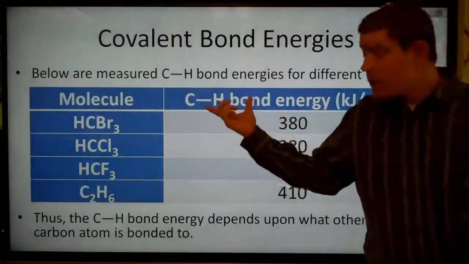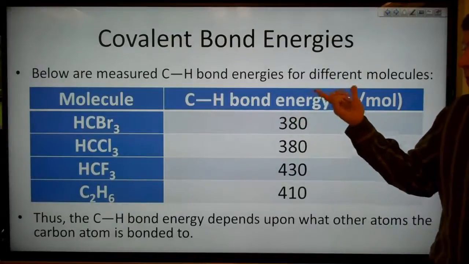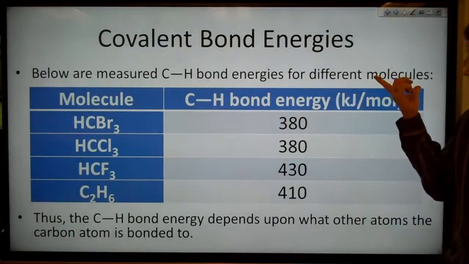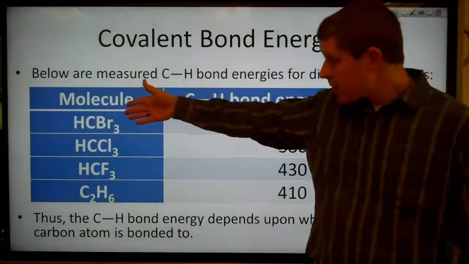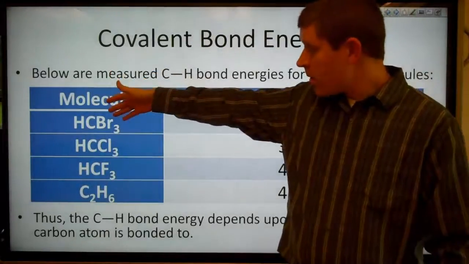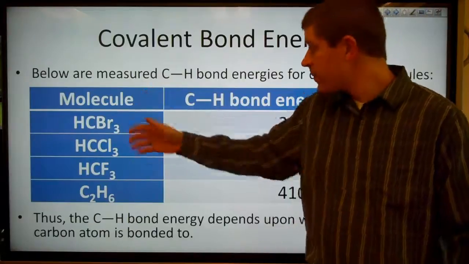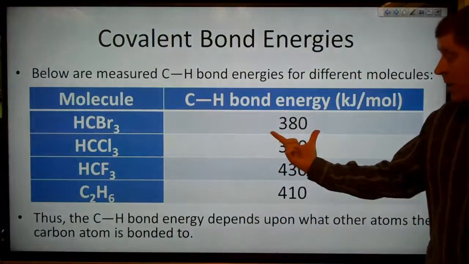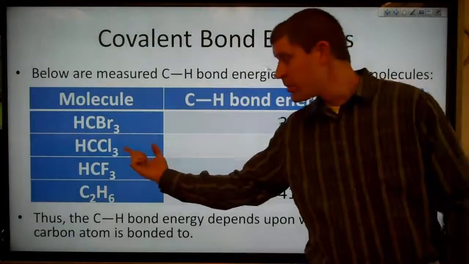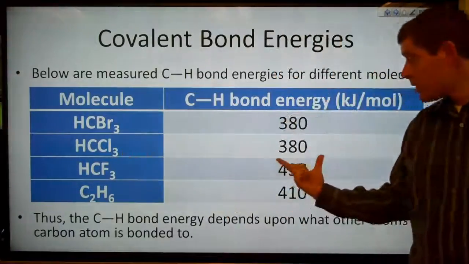Here we have some measured carbon-hydrogen bond energies for different molecules. When we have 1 hydrogen and 3 bromine atoms bonded to the carbon, that carbon-hydrogen bond energy is 380. When we replace the bromines with chlorines, it's still 380.